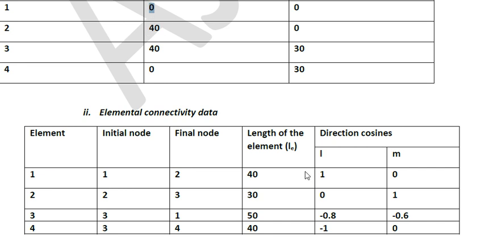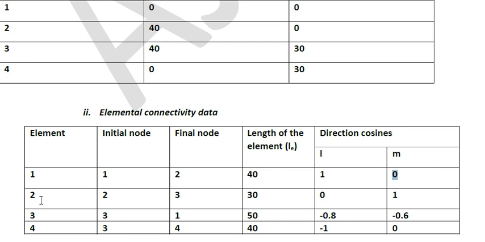L is the direction cosine due to the x coordinates. The L value for element 1 is final minus initial divided by length, 40 minus 0 by 40, it is 1. The y coordinate is 0 minus 0 by 40, that is 0.